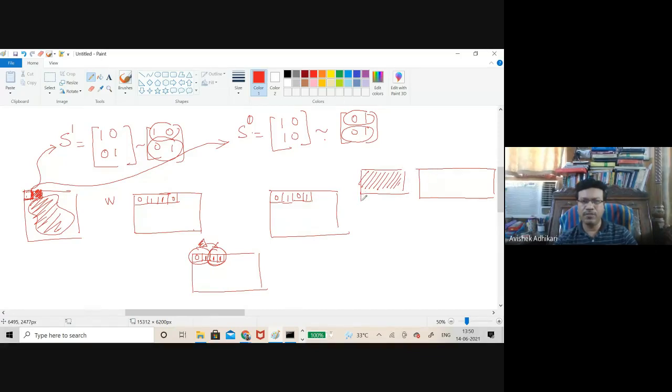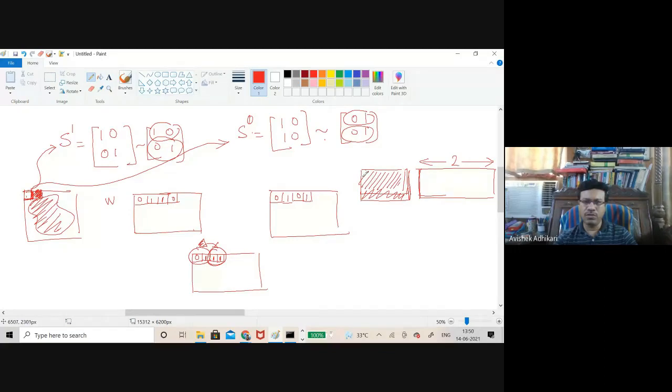The length will be the same, but the width will be increased twice. Sometimes it may happen that the aspect ratio, as we call it in images, will be distorted if you do like this. That's why instead of doing only this, you will do it in that way also.